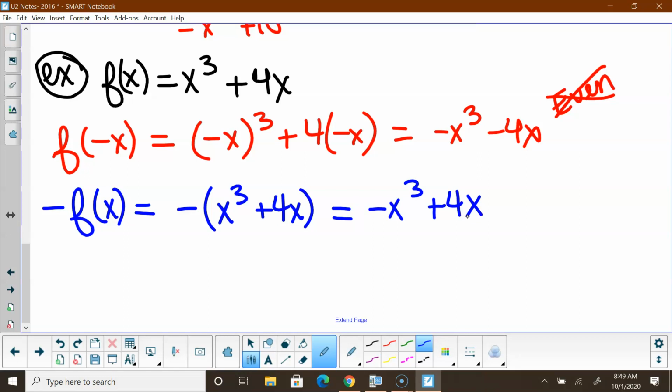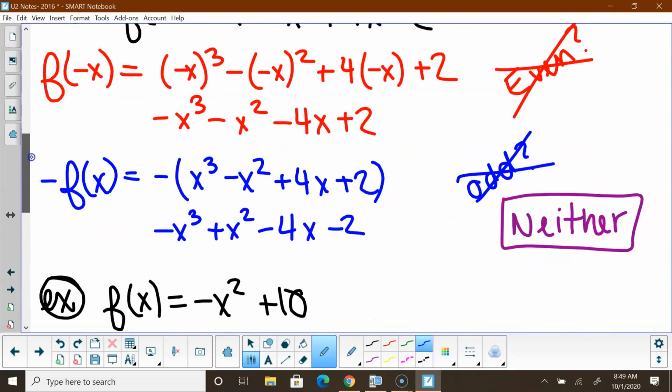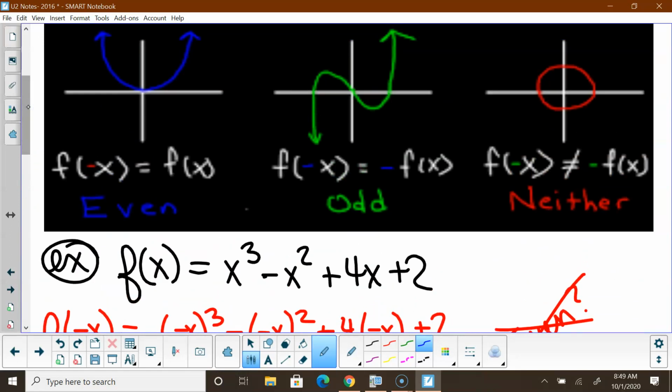Okay? So this one is definitely odd. Yes, when you plug it in, and I just realized I didn't distribute. No. So, if you look back up here, there's this little invisible negative on the f of x. That's why. Alrighty?